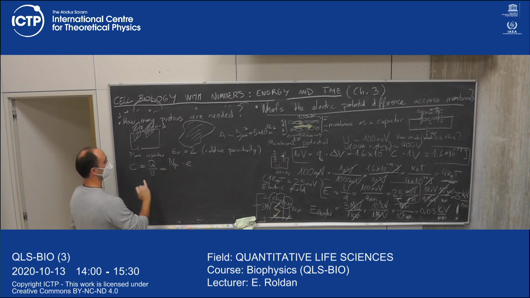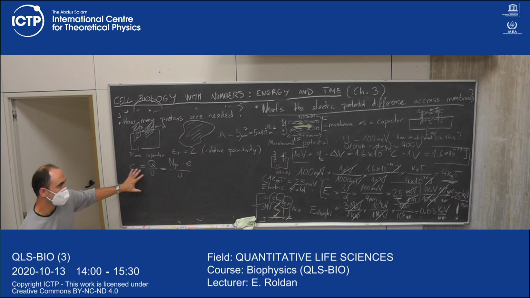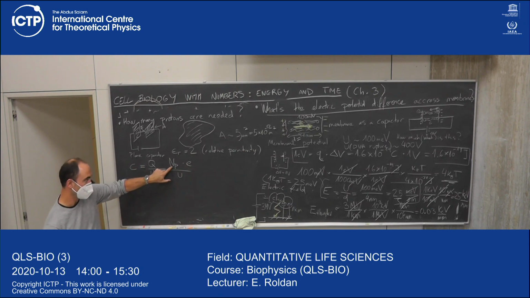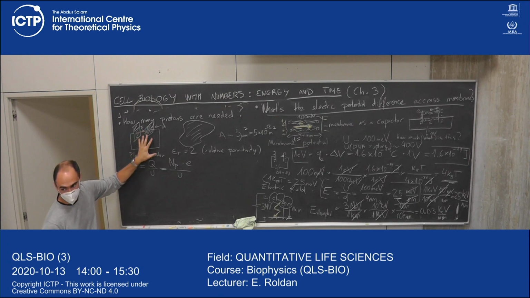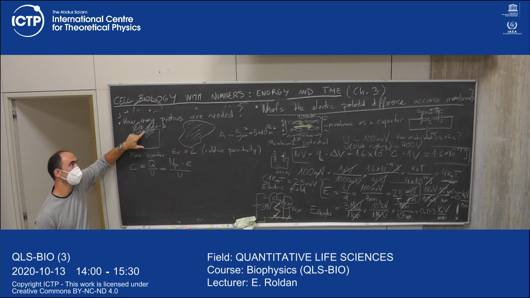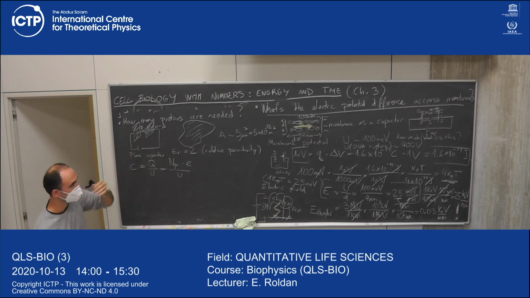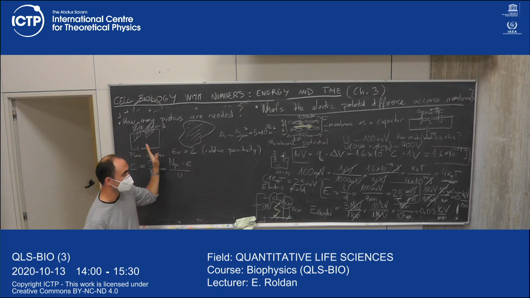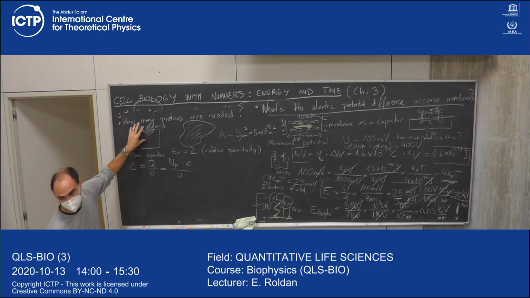This will be 1 coulomb, and this is U. Now, this will be easy because I will solve for N_p, and it will be C U divided by E. But the point is what is C. I didn't tell you what the capacitance is. We are now doing an electrostatic problem. We have a plane capacitor of this area, of this relative permittivity, etc. So the question is, what is the capacitance of this type of capacitor?